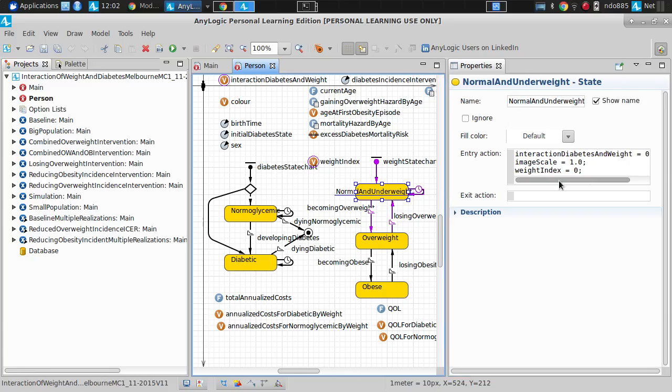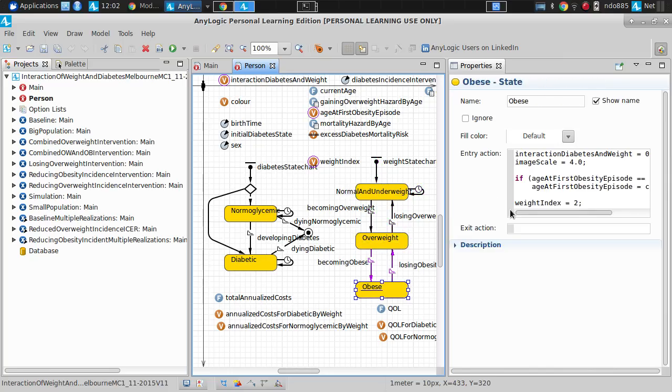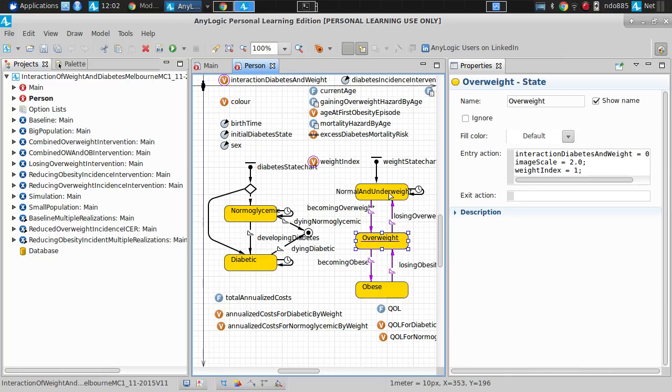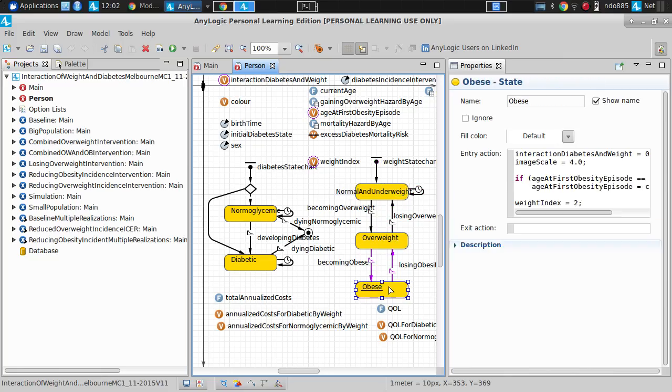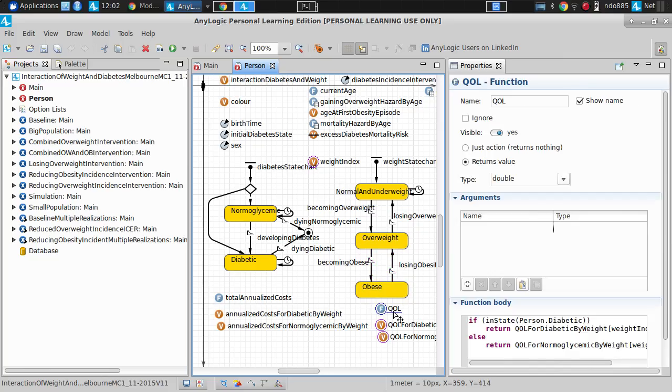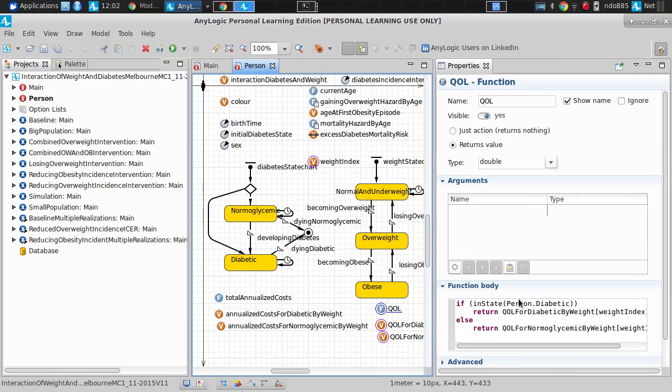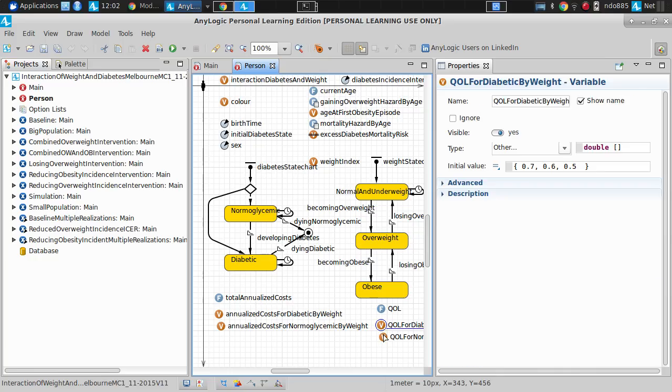we're going to have certain factors defined. There's something called weight index here, okay? And weight index is 1 for overweight, for normal and underweight it's 0, 2 for obese. And there's a thing called quality of life down here, just beneath it. And it basically says, okay, if someone is diabetic, we're going to use this variable compared to that one.